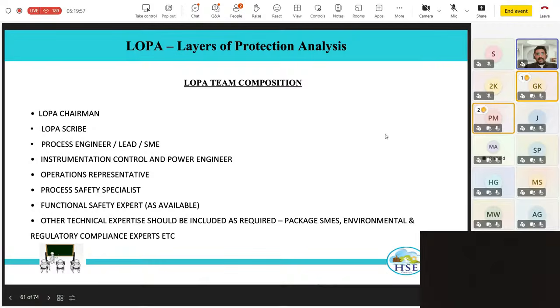So many clients consider that full open CV value as the driver for sizing of the PSV. However, in BP's case, I have realized that they want the total throughput through that control loop to be the sum of the main control valve as well as the bypass control valve.